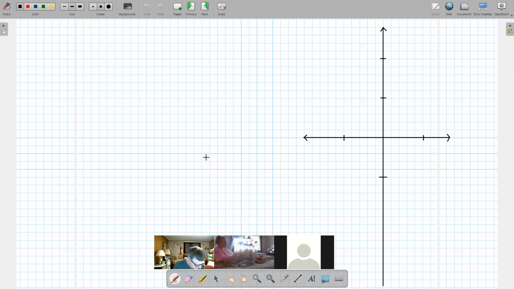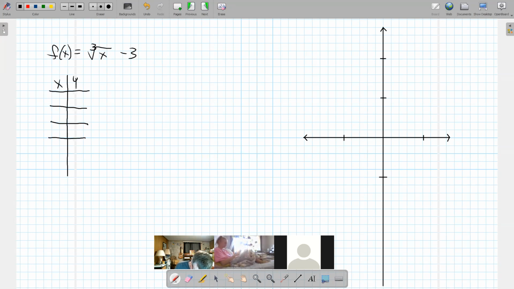This says complete the table and then graph the function. All right. So f of x equals the cube root of x minus 3. The inputs are -8, -1, 0, 1, and 8. So once again, the author provided inputs or x values.